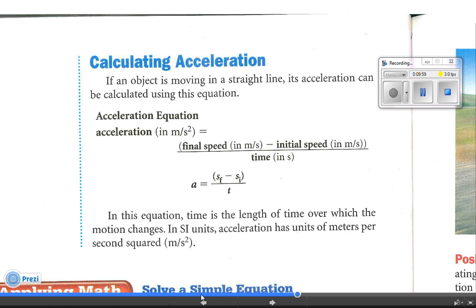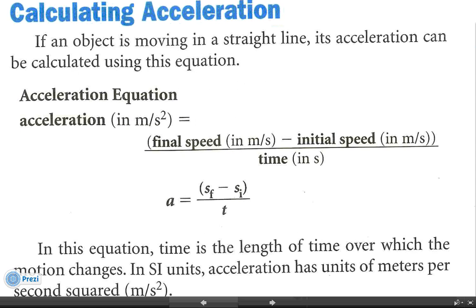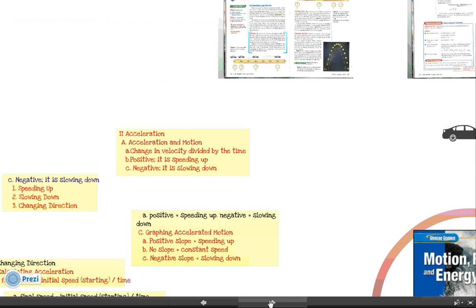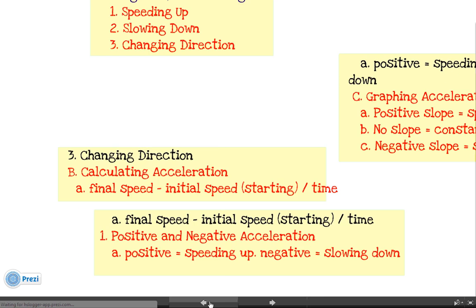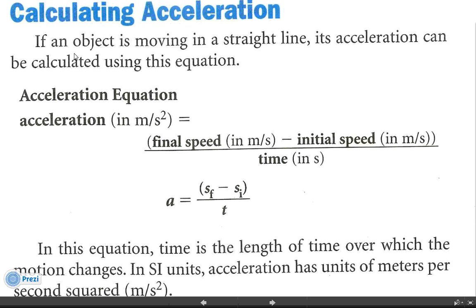All right, so let's go back here and see where we're going to move forward to. I want you to write B, calculating acceleration. Don't write this, okay? Write capital B, calculating acceleration, and write this equation right here. Write it exactly like you see it.